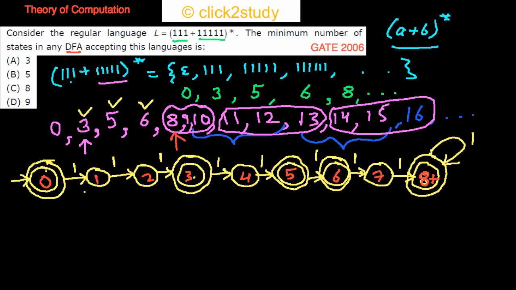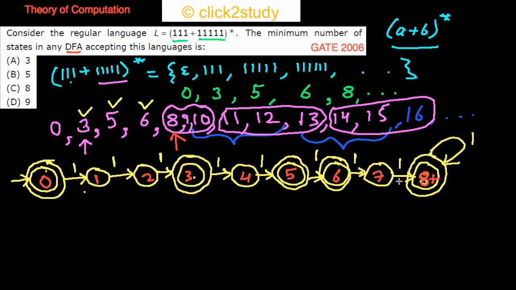Can you do better than this? Can you get something smaller, a lower number of states? It turns out no. You can see it's the case, because it's only after 8 that you start seeing this sequence, and you cannot merge any of these two states. Suppose you try to merge 4 and 7. Then you will end up in a problem, because from 4, after reading 3 ones, you end up in 7, which is non-accepting.